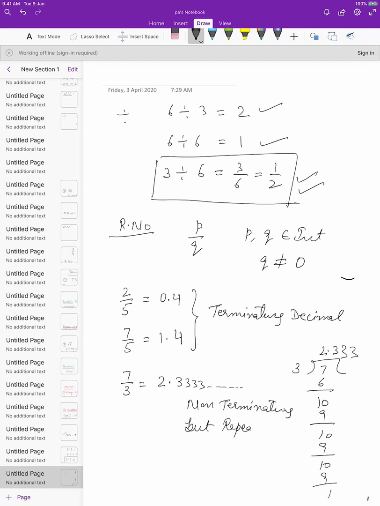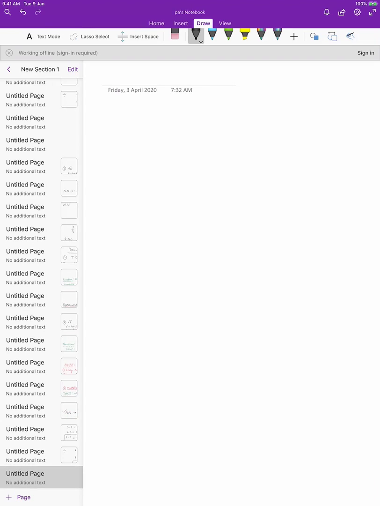So, they are known as non-terminating repeating decimals. So, when we talk about the decimal expansion of rational numbers, rational numbers after division either give us terminating decimals or they give us non-terminating repeating decimals.